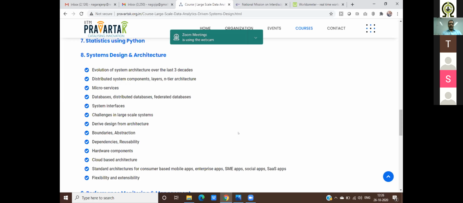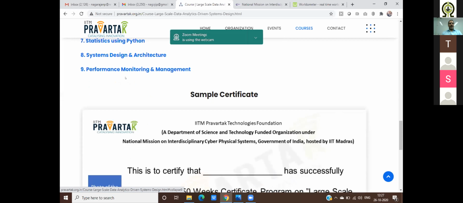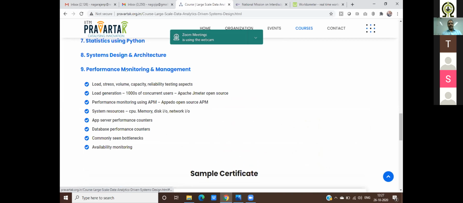Not just the data part alone. The engine alone cannot fly. You need to have wings, you need to have wheels, you need to have propulsion. There are so many things to be there to make the plane to fly. So all these items, if you don't understand a system design and architecture in a very, very clear way, or if we don't understand how the performance will be done, then whatever we design, whatever we do in terms of analytics will work in the lab.